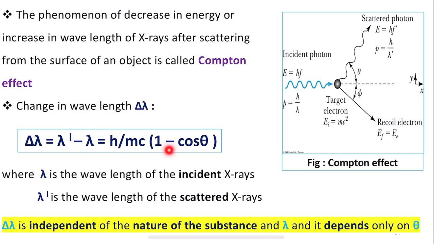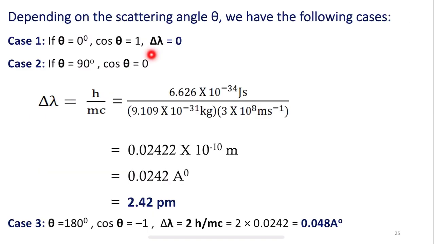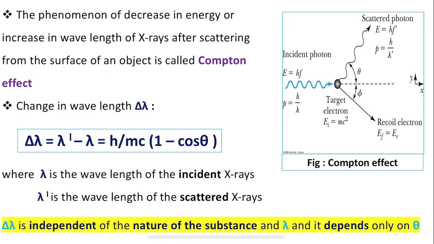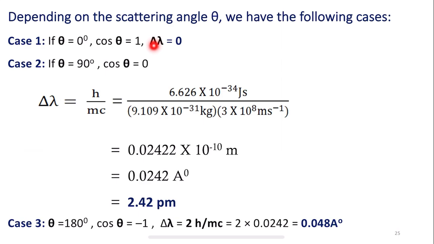Why will the whole term become 0? Here 1 minus 1 equals 0, and 0 multiplied by anything results in 0. So that is why delta lambda will be equal to 0 in case 1.